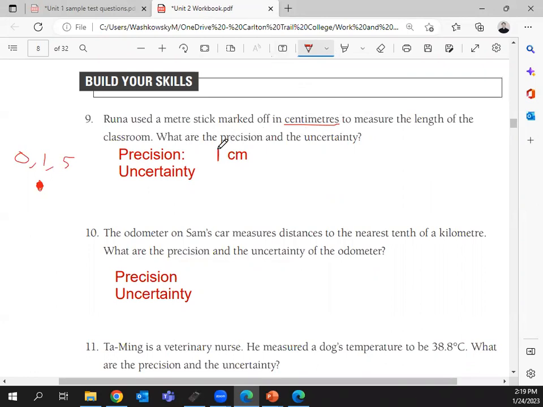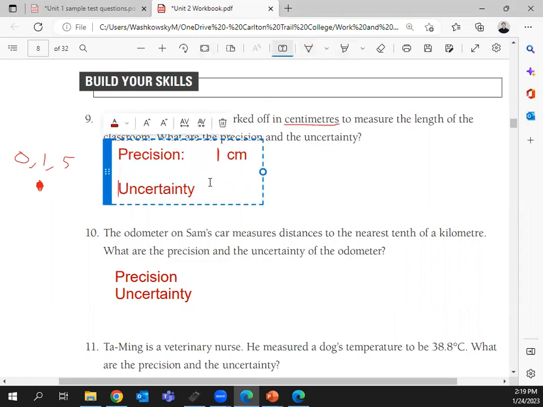It doesn't go down to 0.1 centimeters, it's not going to millimeters, it's just sticking to centimeters. If you put meter there, which is a very common error, don't worry if you did that. Remember, it's a meter stick, that's the length of the measurement, but this meter stick is broken off into centimeters itself. You're always going down to the smallest level of measurement. So that is my precision.